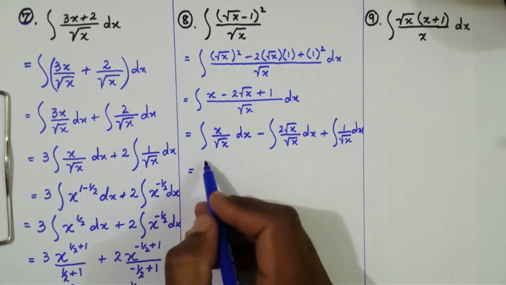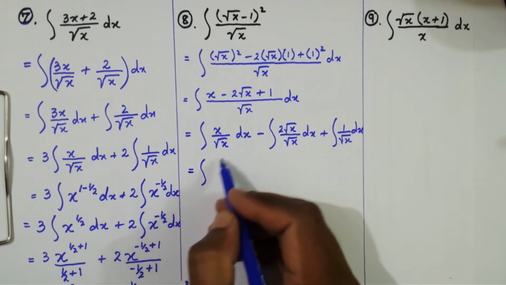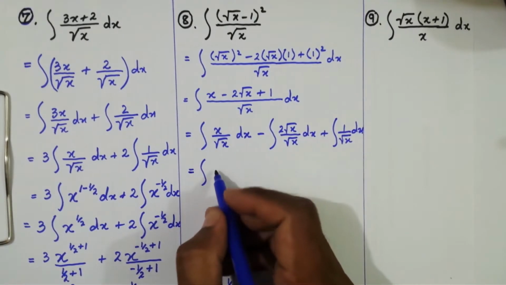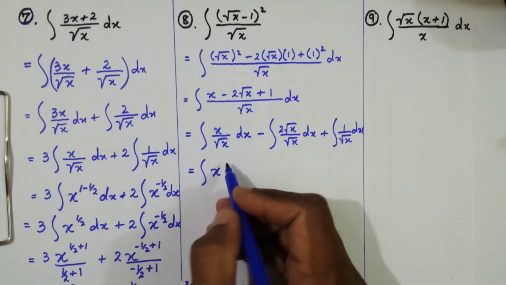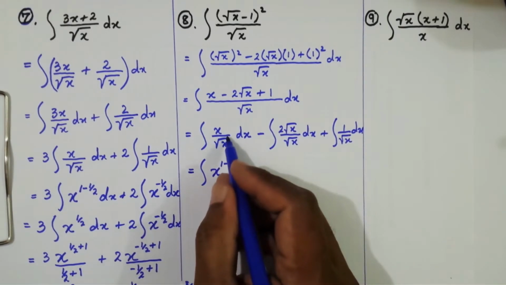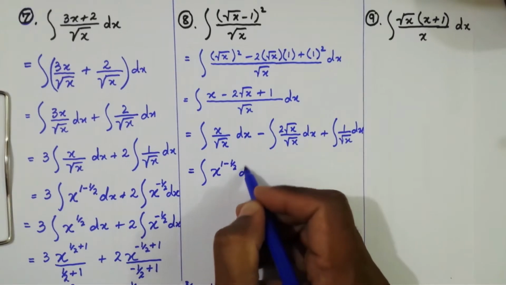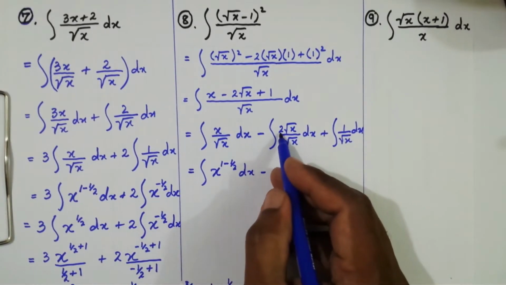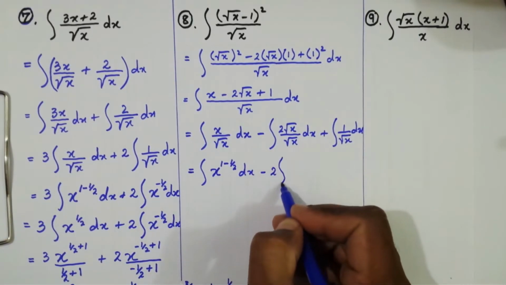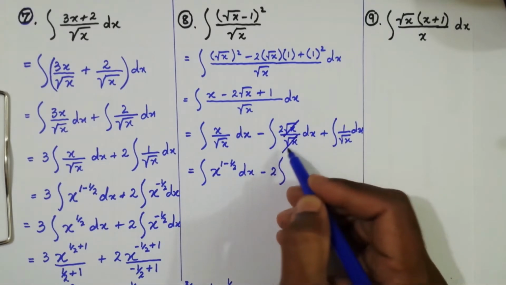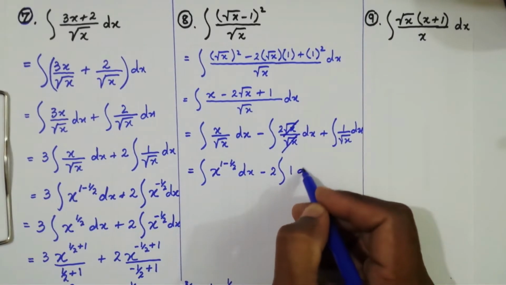After simplification, same here, you will combine these variables. This power will move toward the numerator, its sign will be changed. You will take out this 2 from the integral sign and this root will be cancelled. The remainder is 1.